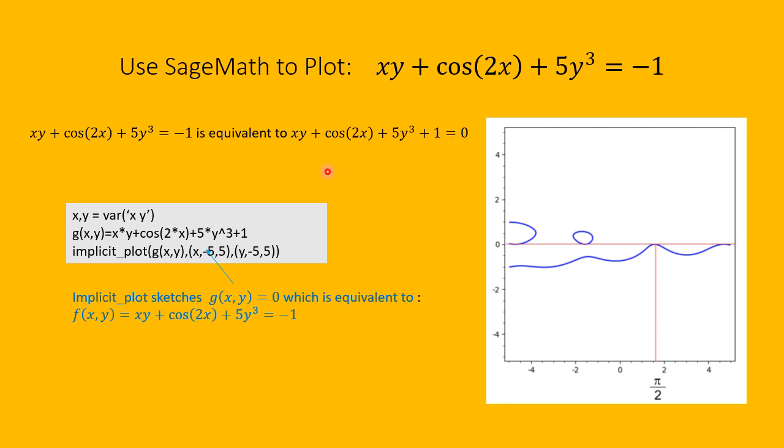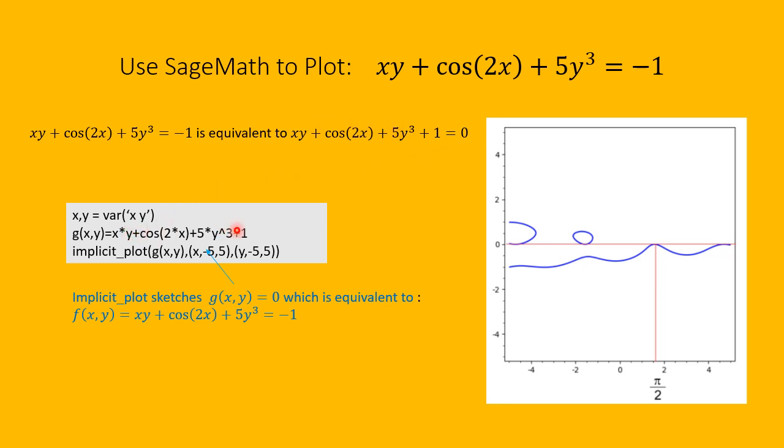We can graph this in SageMath by using the function implicit_plot. First of all, I have to declare two variables, x and y. I'll define g(x,y) to be this expression up here.